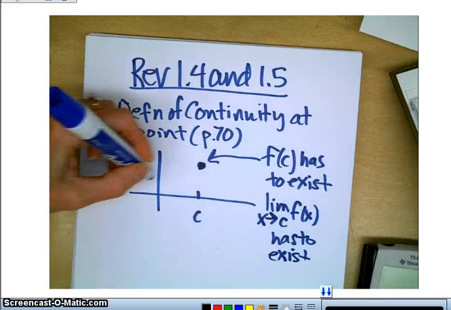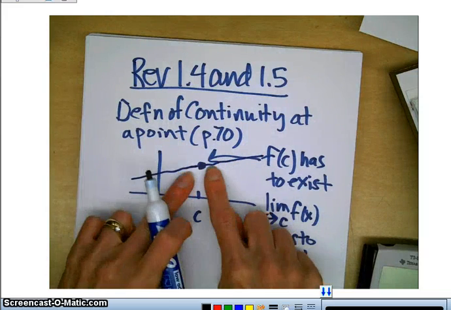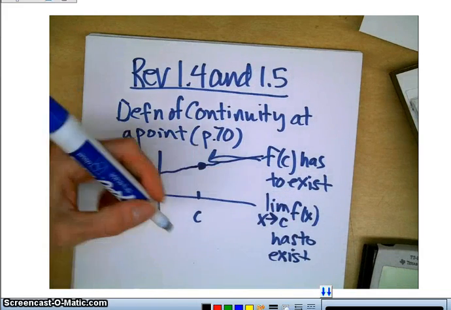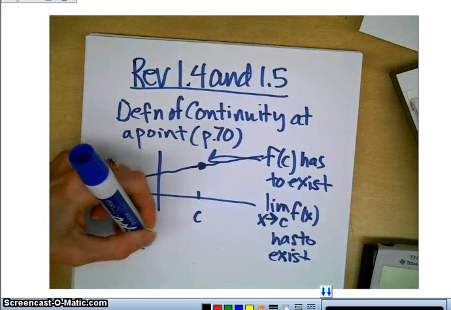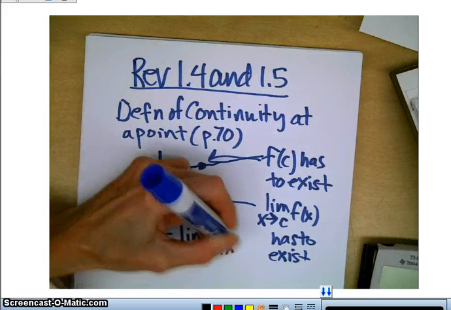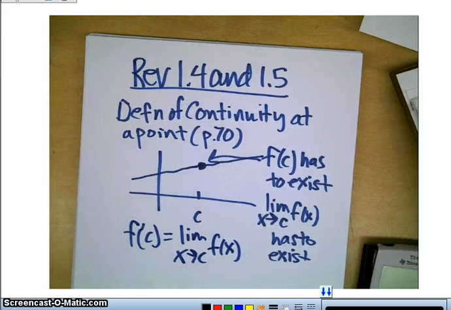That limit exists because both sides go into the same y value. And then third, f of c has to equal the limit as x goes to c of f of x. So the dot has to be at the same place that the lines are going to, and then it's continuous.